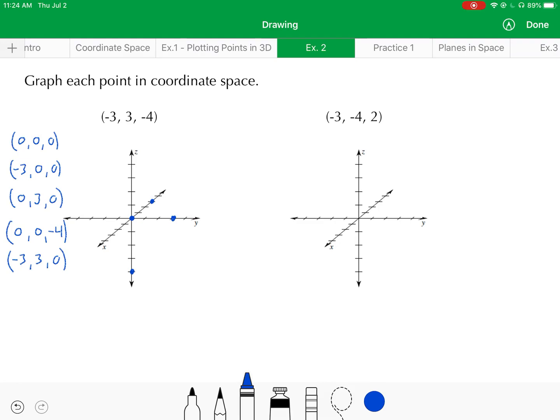And here's where it's kind of tricky. Notice where I'm going to place this point. I'm going to place it right here so that when I draw a line back to the y-axis, see how that line is now parallel to the x-axis, okay? Then I'll plot -3, 0, -4.